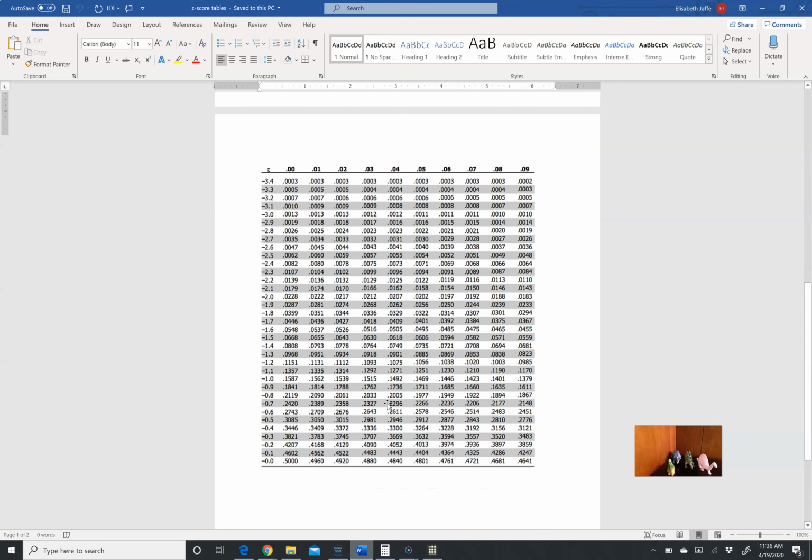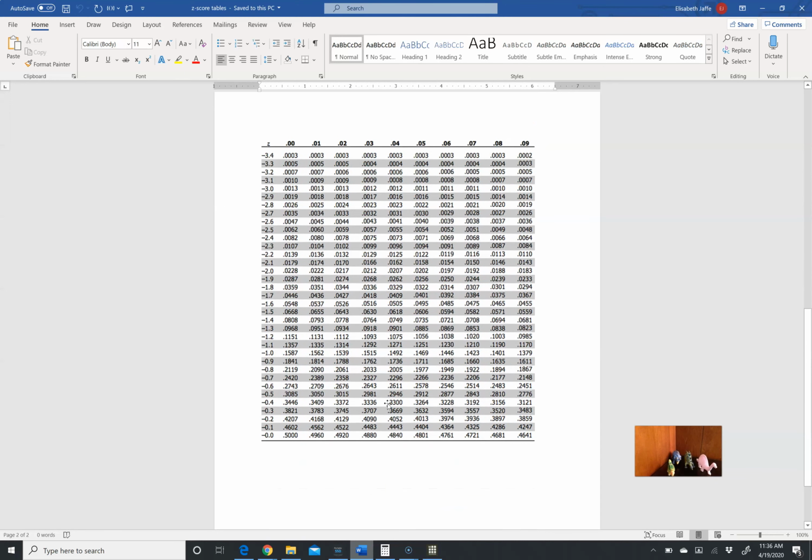So we're going to the negative z-score table. So if our area is less than 0.5, the z-score is negative. And then one thing that you'll notice is as we get further and further away from 0, right? Here's 0. As we get further and further away, it's getting smaller and smaller, right? Here we're at 0.5. Over here we're at 0.0764. And then if we go here, we're at 0.0003.